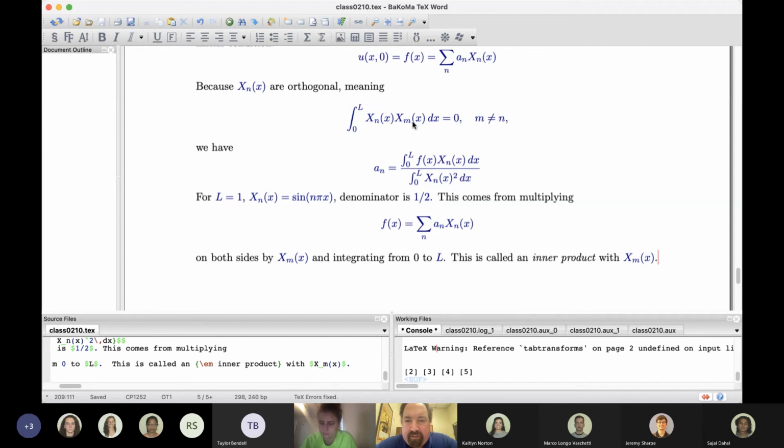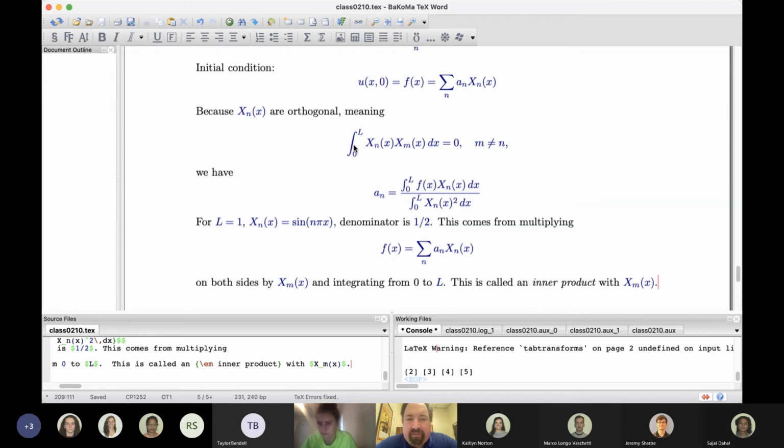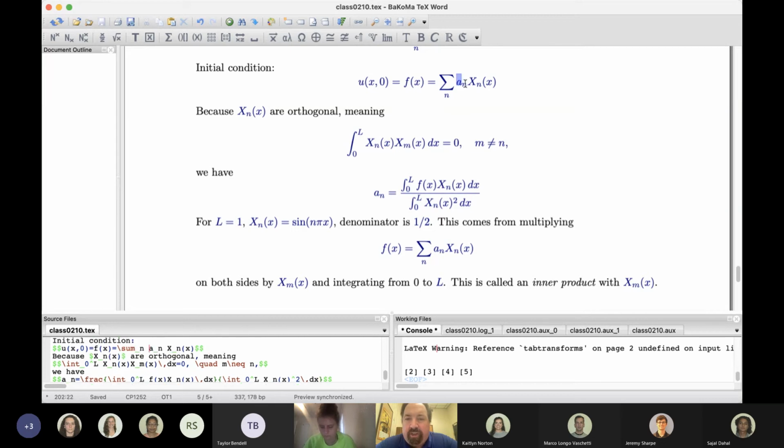You just need the appropriate definition of an inner product. That's why having functions that are orthogonal is quite nice, because it makes it easy to compute these coefficients. We want to express f in terms of these functions. We need an easy way to get the coefficients, and that's what we have here, because we can compute these independently of one another.